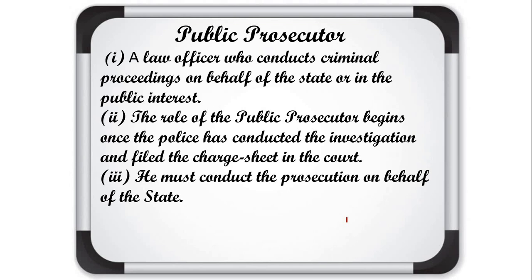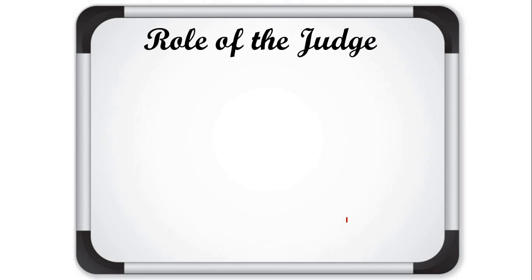But if that person does not agree with the public prosecutor, he or she can hire his or her own lawyer, but that lawyer can only give suggestions, while the case is presented by the public prosecutor in court. Understood about it?